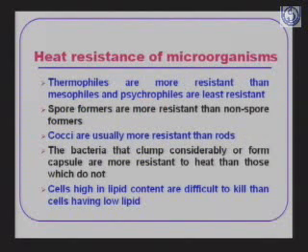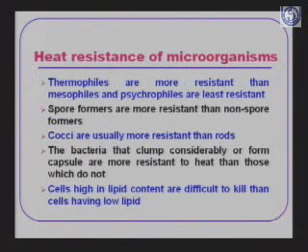Now, according to the heat resistance of microorganisms, you will see that thermophiles are more resistant as compared to the mesophiles, which are even more resistant than psychrophiles. This is because thermophiles have a higher optimum temperature for growth and multiplication. So if you are applying a thermal process, thermophiles will be more resistant as compared to the psychrophiles.